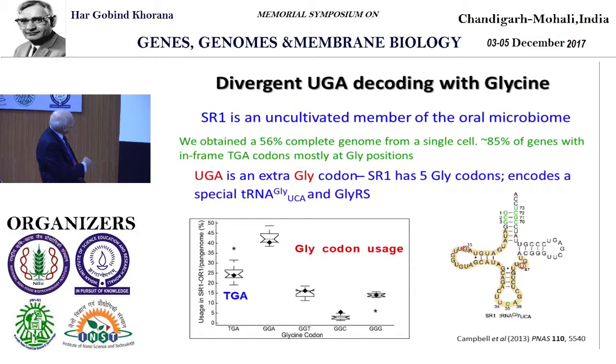So the take-home message is there's a new transfer RNA, which has the anticodon UGA, and it's a glycine tRNA. And as you can see, it is the second most abundant codon in the organism. So in this glycine code, this organism now has 5 glycine codons, and not just 4.